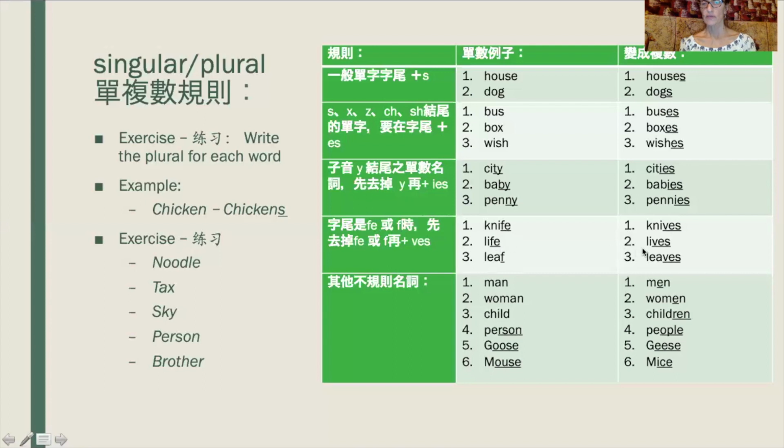So FE is VES and leaf is VES. Okay. Then there's words that are completely different when they change. So man becomes men, woman becomes women, child becomes children, person is people, goose, geese, mouse, mice. These are just things you'll have to practice and memorize.